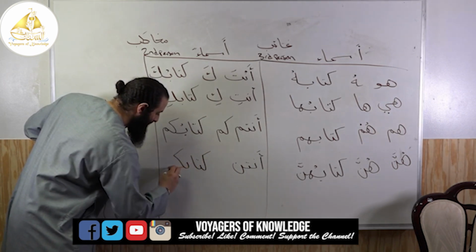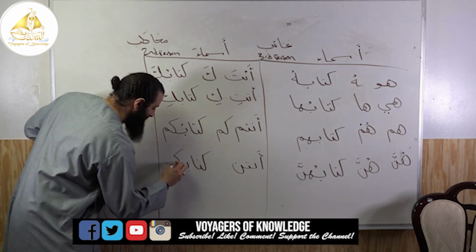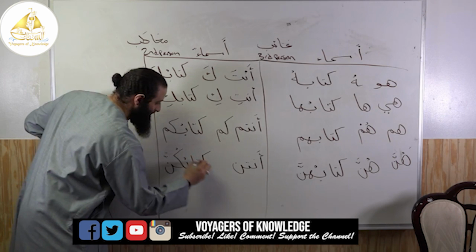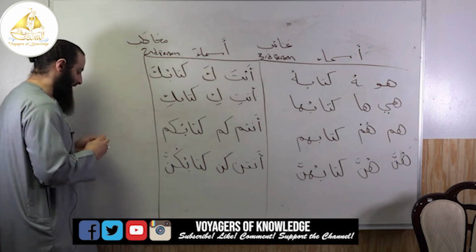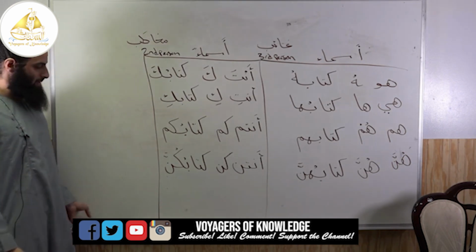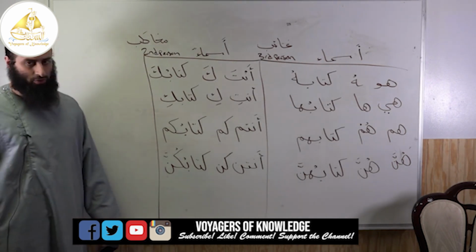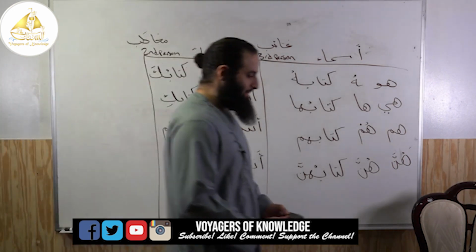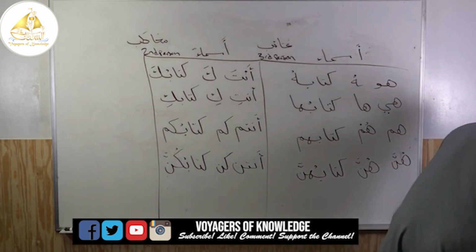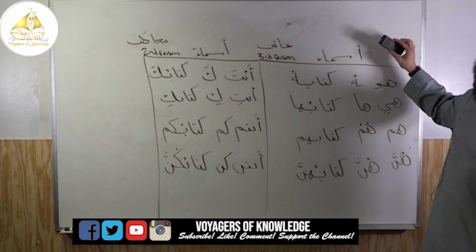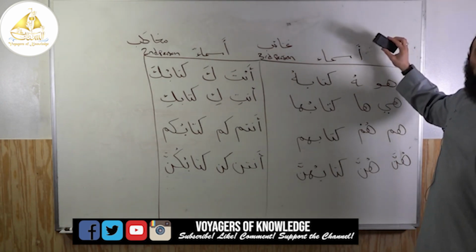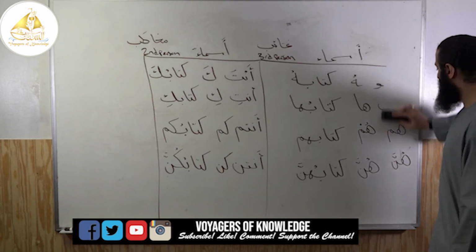Kitabukunna. We add the word kunna. While you guys are writing that down, I'm going to erase that side so we can use it. Can I erase this right side? Yeah. Okay.